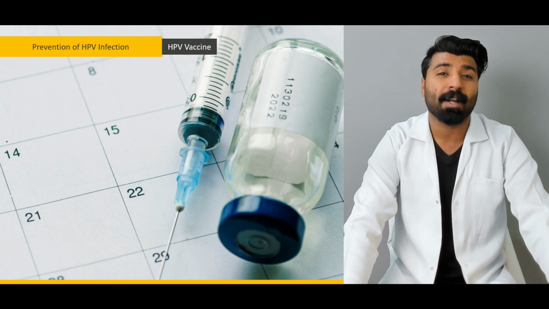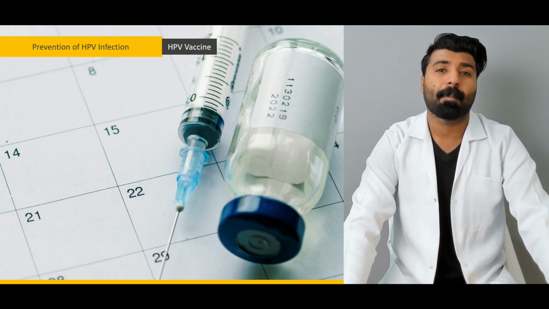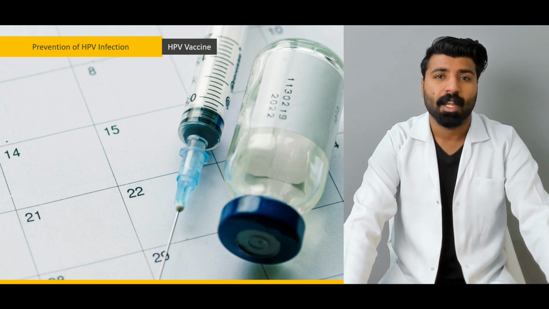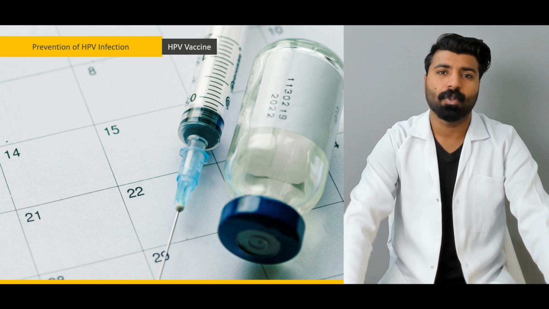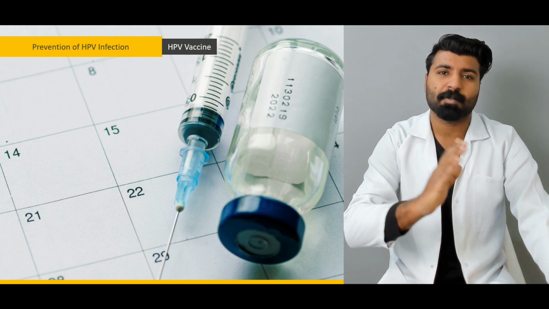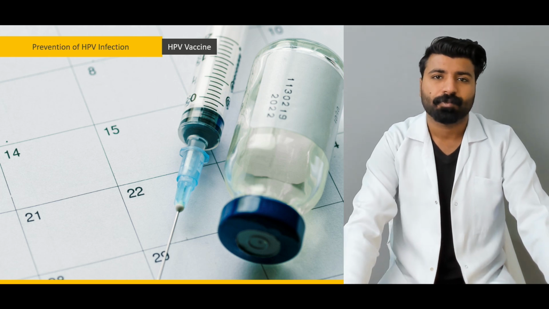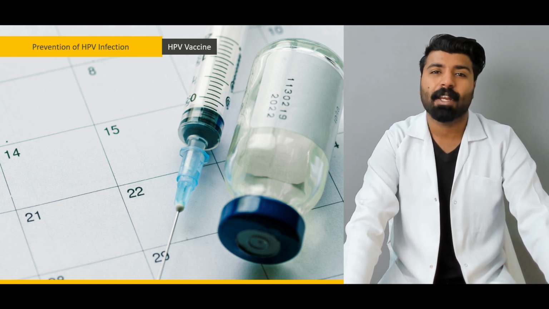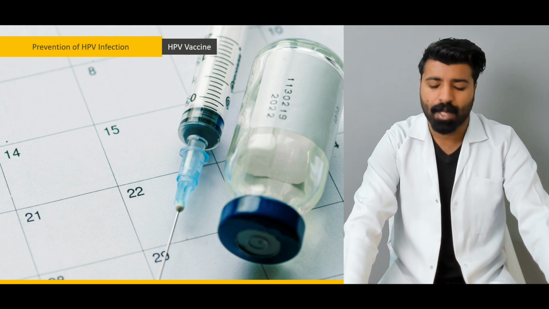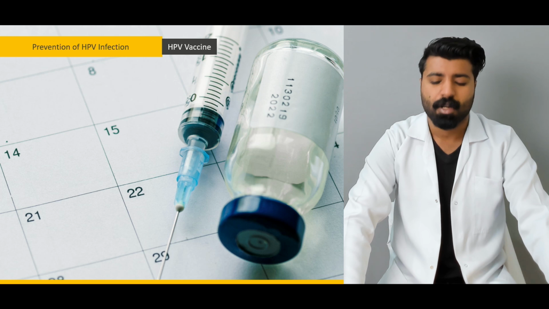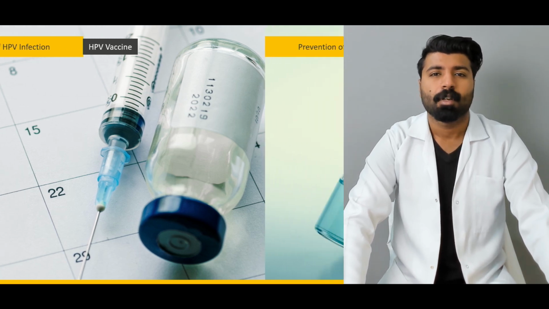But that's not a common practice in our system. Even a patient who is suffering from this pathology won't give up sexual intercourses. He'll keep on having them, and this will lead to transmission of the disease to the next person who is getting involved with the person. So these are very important preventive methods we have to perform in order to avoid such pathology in our body.